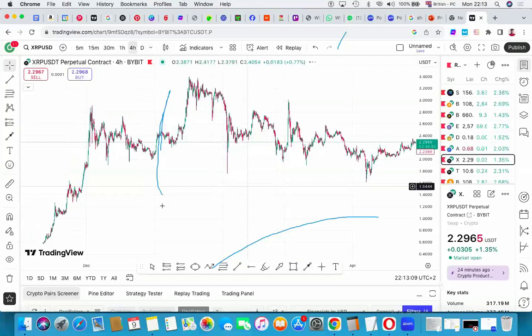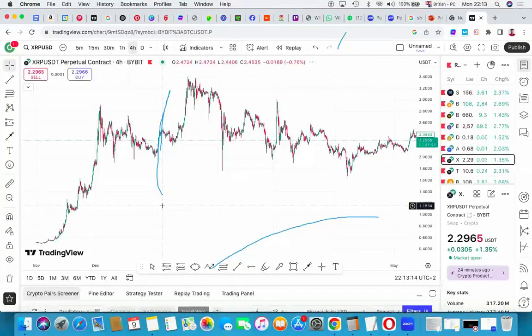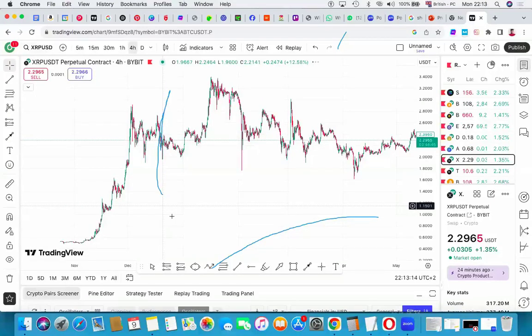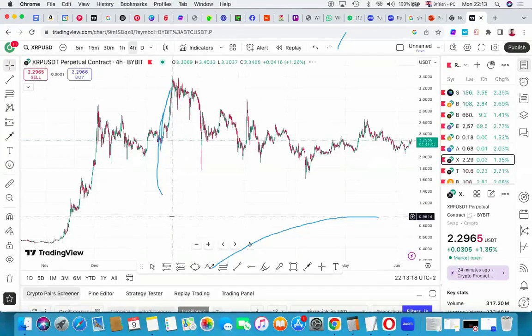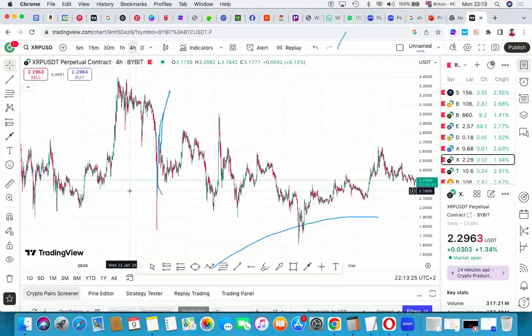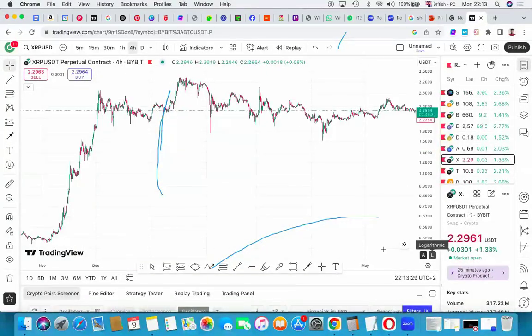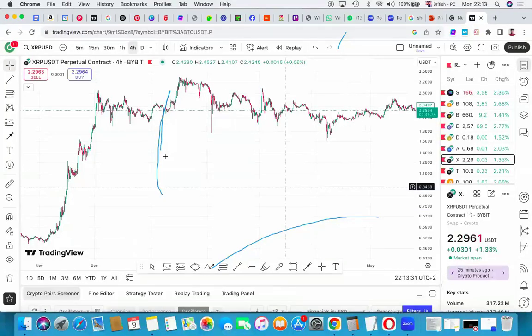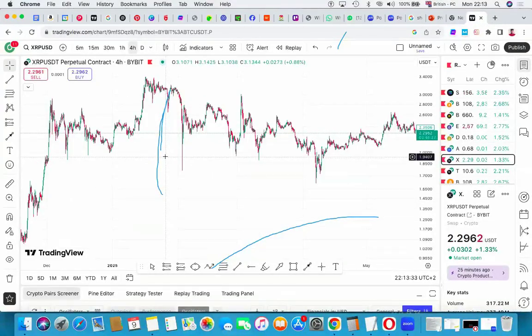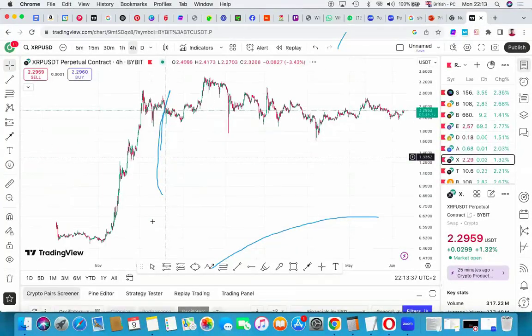So let's start our drawing right from here. So a clear example on SRP.